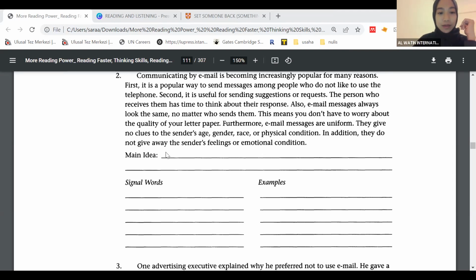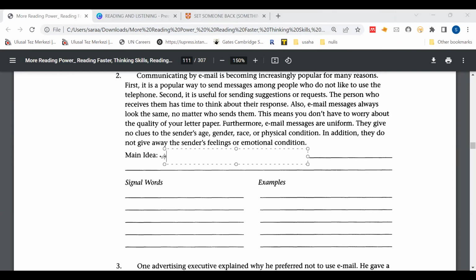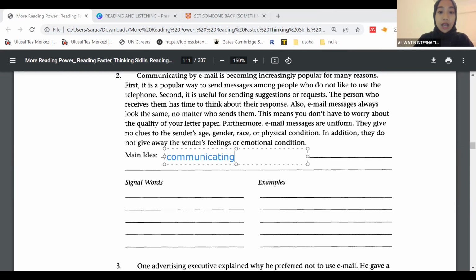Let's do the listing. What is the main idea here? Communicating by email, great. There is a point for the main idea. Remember, the main idea is the writer's opinion.